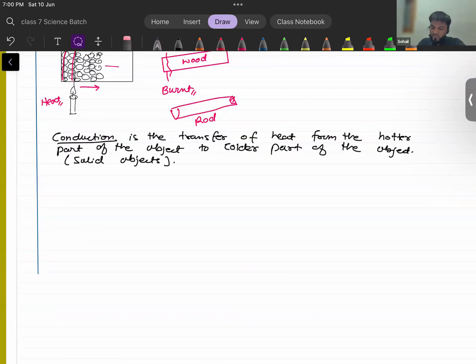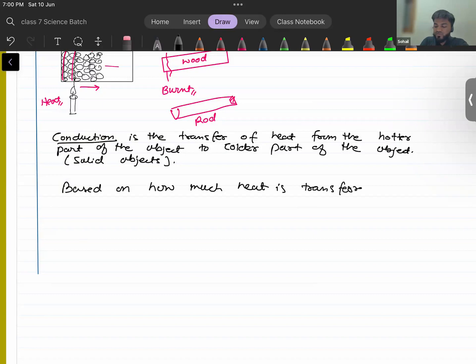Now, based on the amount of heat transfer, or based on the material, based on how much heat is transferred by a material, we categorize them into two parts.